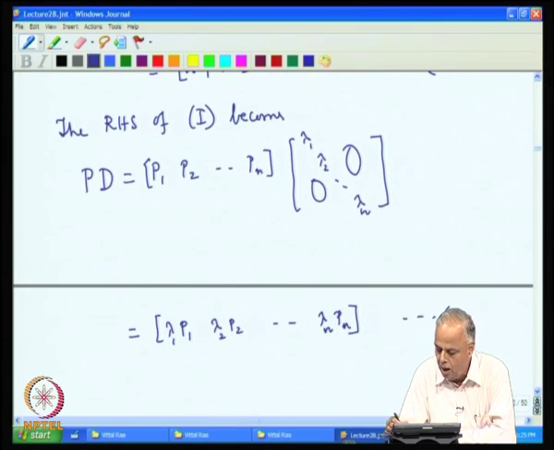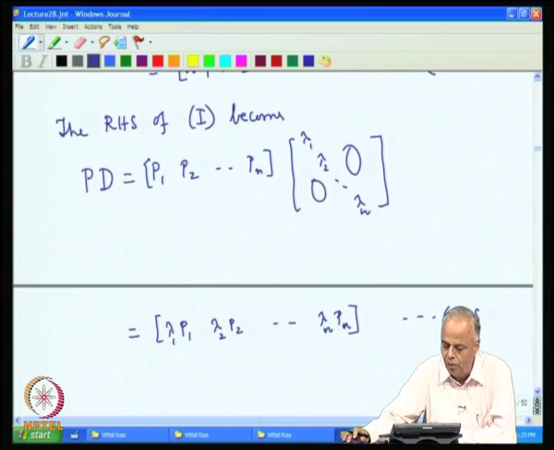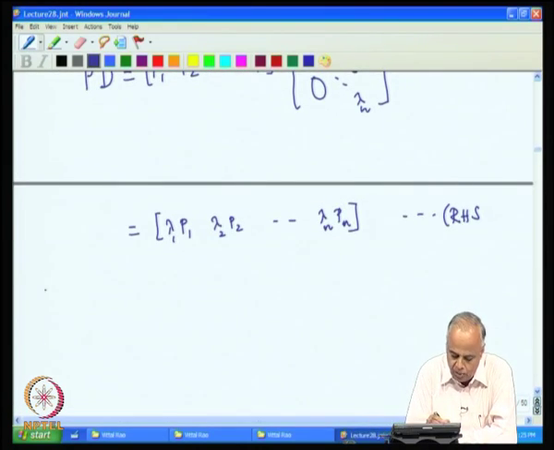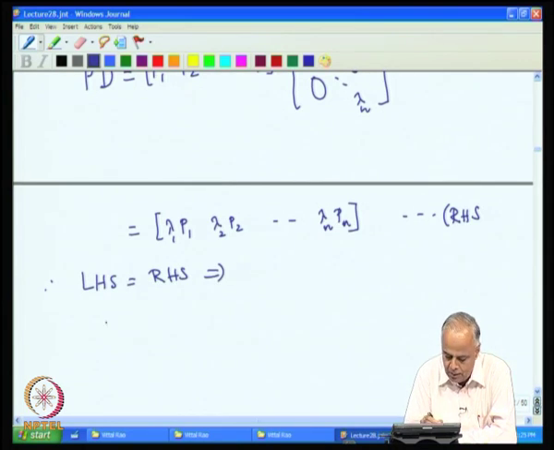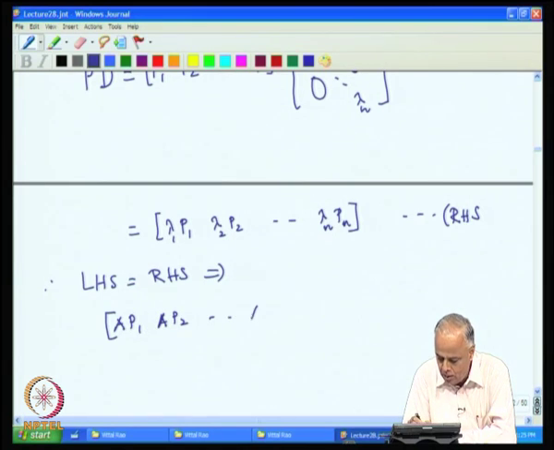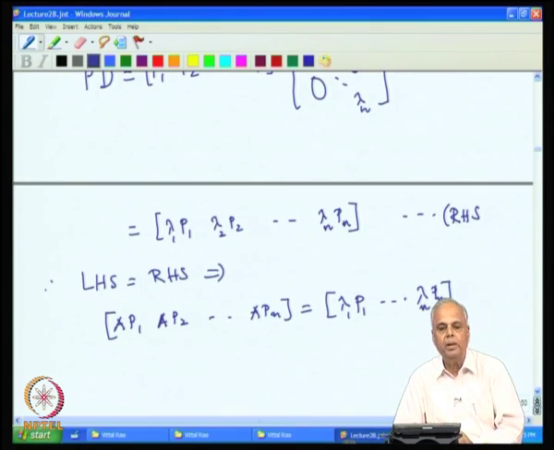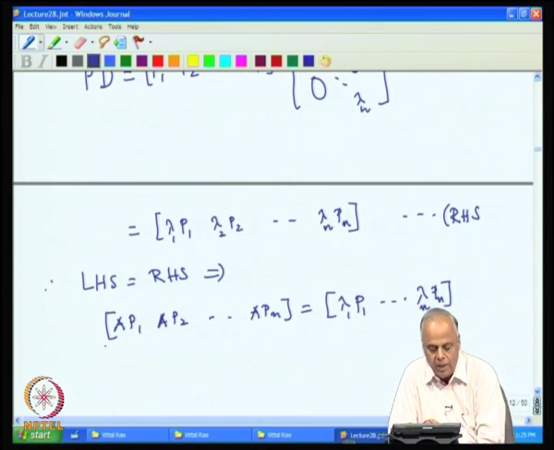So, this is the RHS and therefore, equating the LHS to the RHS, the matrix A P 1, A P 2, A P n must be equal to the matrix lambda 1 P 1, lambda n P n. That means, the first column on the left hand side is A P 1 and the first column on the right hand side is lambda 1 P 1.